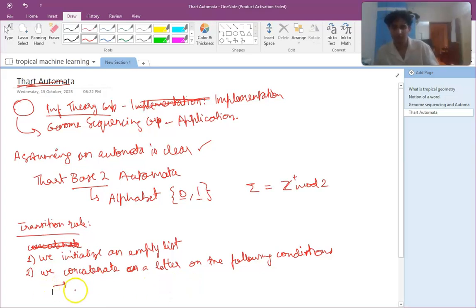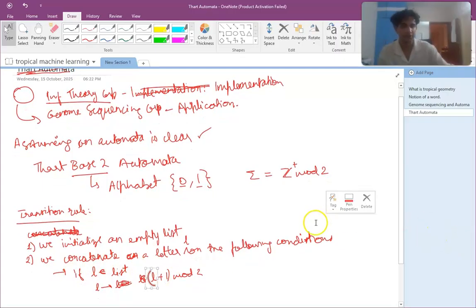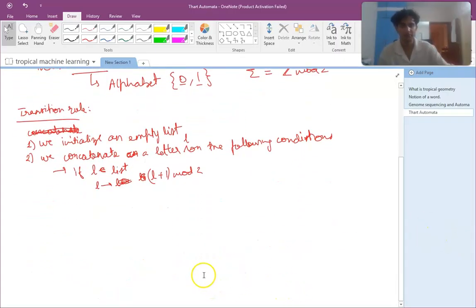So the first one is, let's say that we're concatenating a letter L. If L belongs to the list, then wherever L is, L should be updated to L+1, or just L+1 mod 2 for this case, because we're in a base 2 automata, so digits beyond 2 don't exist, right?